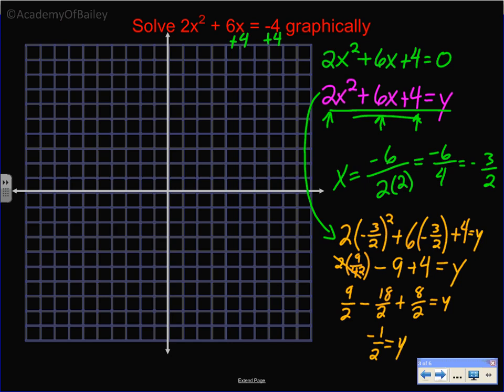Our vertex is going to be negative 3 halves, and our y value of that is negative 1 1/2. So we graph that. Negative 3 halves means you go left 1 1/2, and negative 1 1/2 is down 1 1/2. So there's the point. Negative 3 halves, negative 1 1/2.